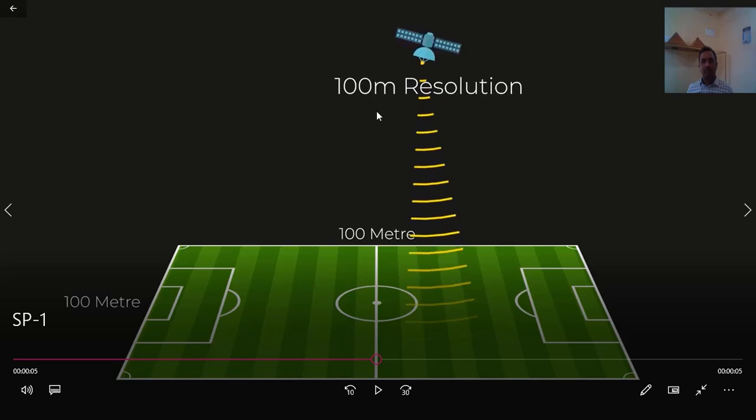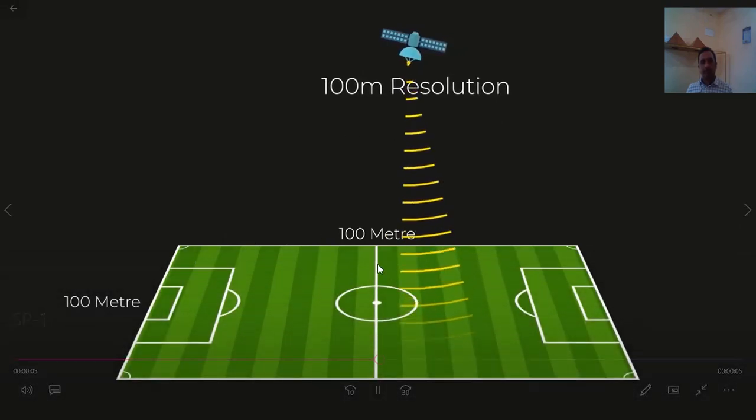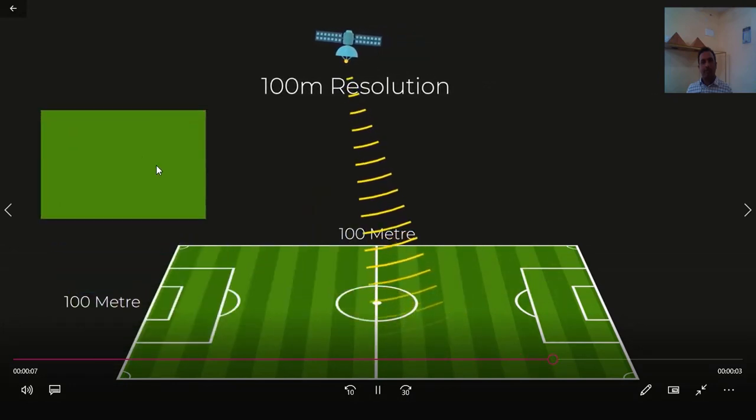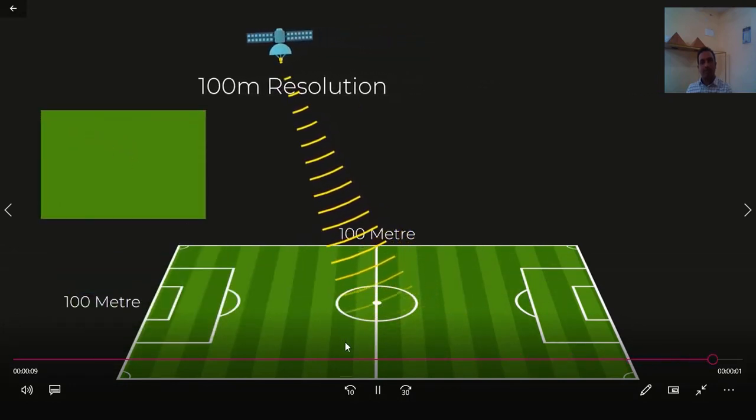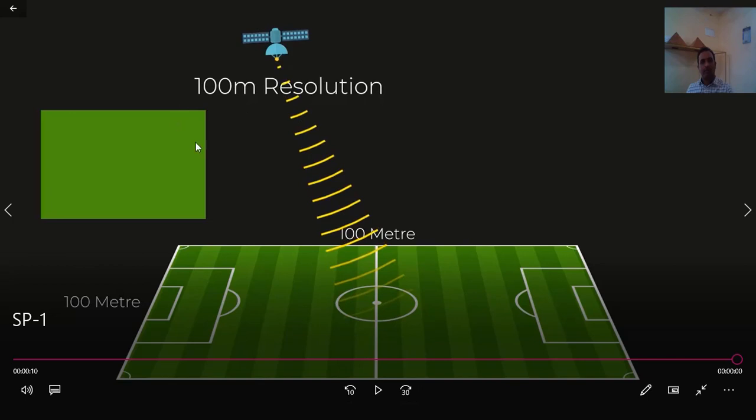If the sensor resolution is 100 meter and the playground is also 100 meter, then the entire playground comes into a single pixel. In this picture, we cannot get any information.